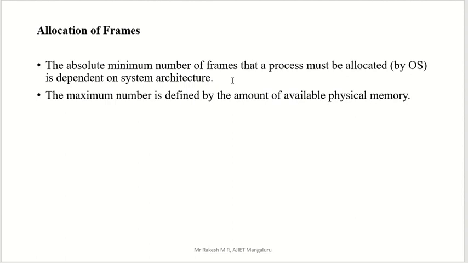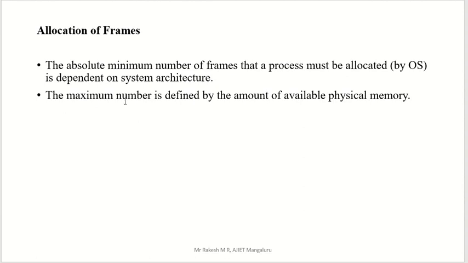P1 needs some frames in the main memory, P2 needs some frames, and P3 also needs some frames. But who will allocate those frames? They are allocated by the operating system, as written in brackets. The operating system will allocate frames to that particular process.